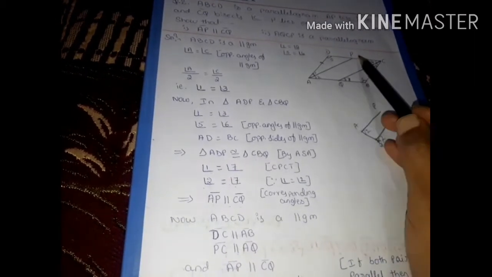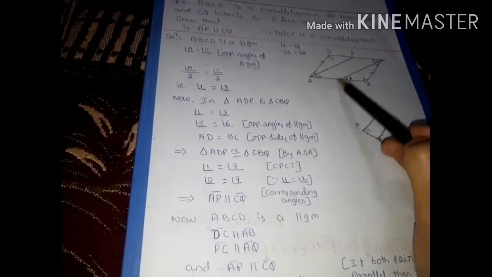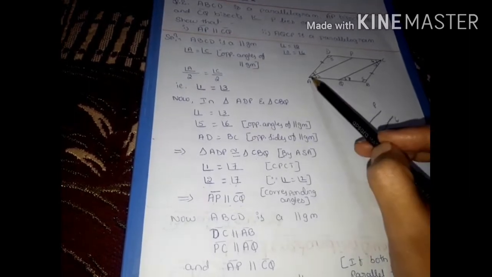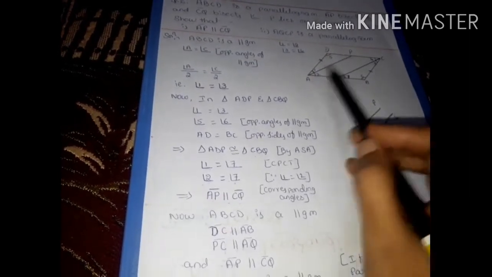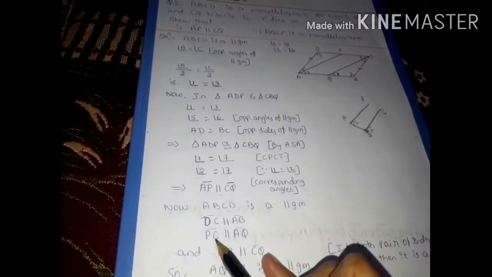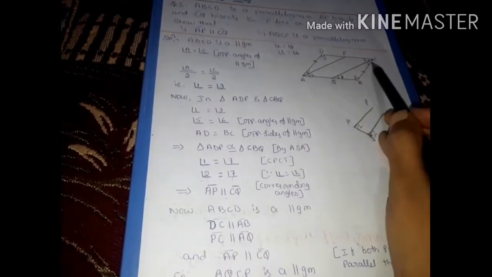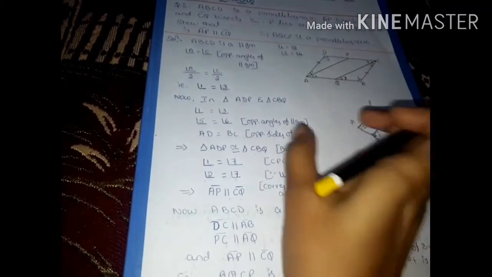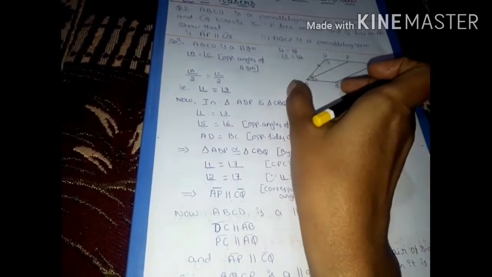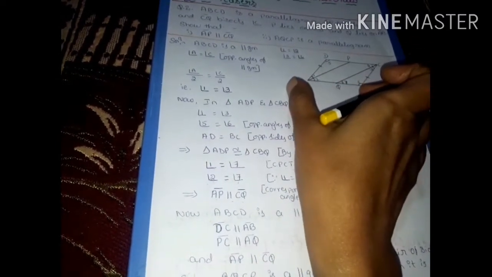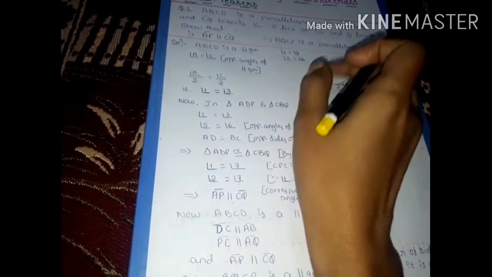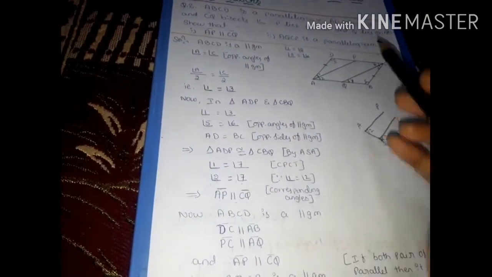When ABCD is a parallelogram, opposite sides are parallel to each other. Then we can write DC parallel to AB. Then PC is a part of DC. Then PC is parallel to AQ because AQ is also a part of AB. So these two are also parallel to each other.